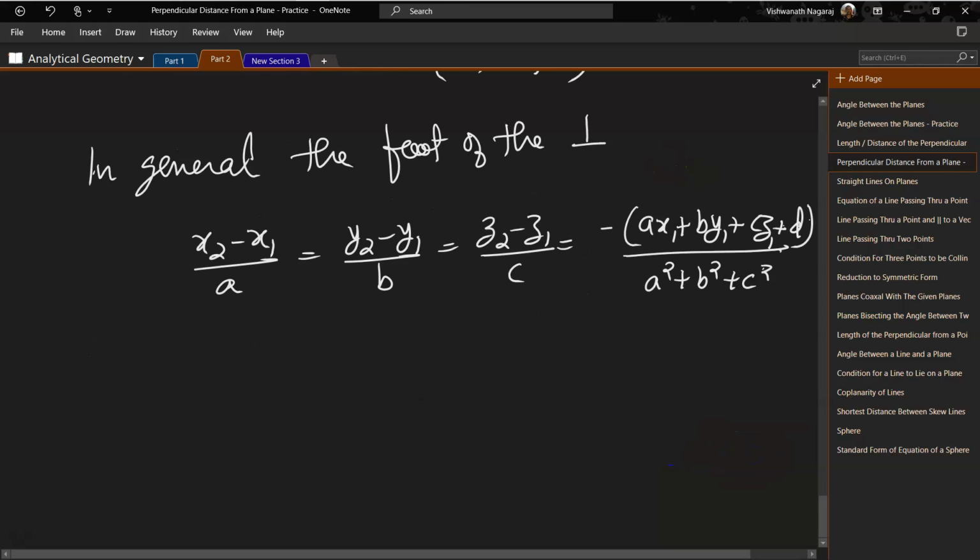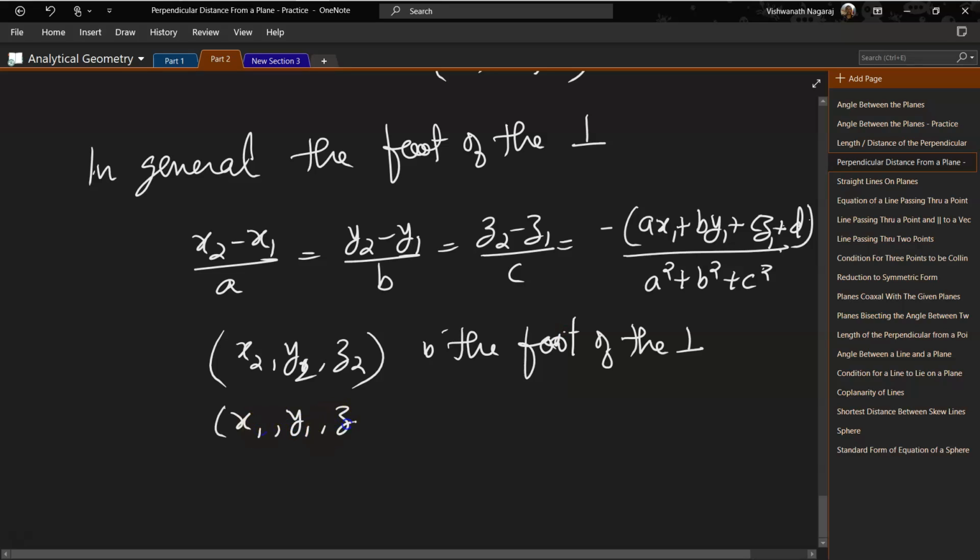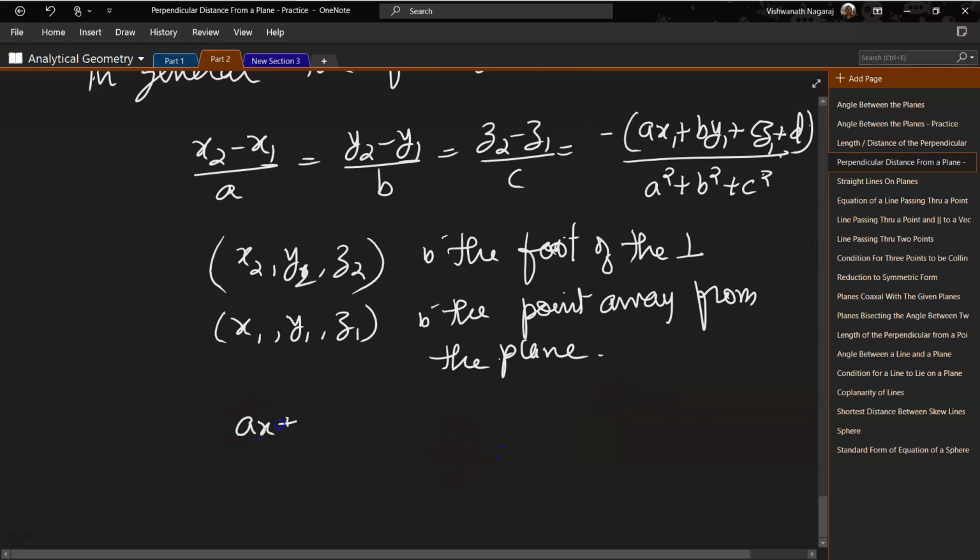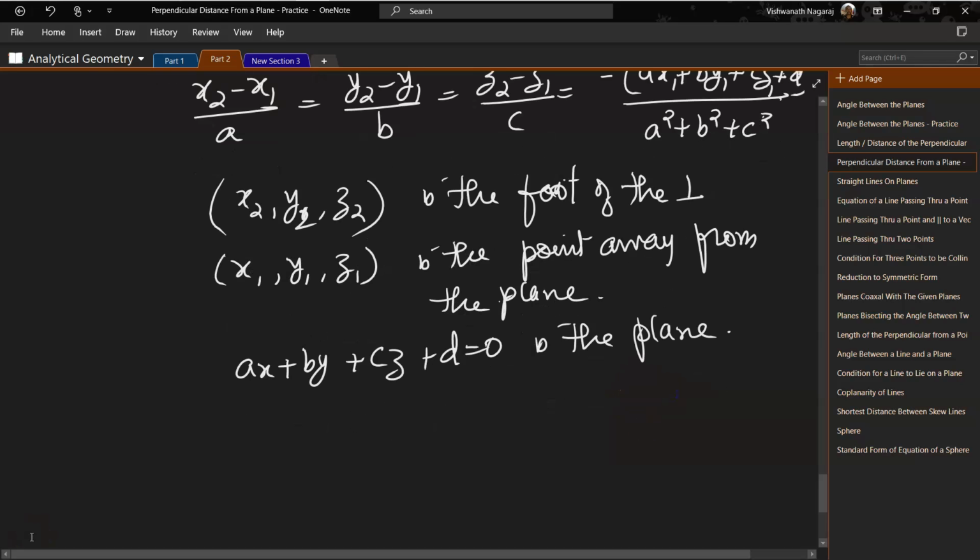So this is the formula. Here x2, y2, z2 is the foot of the perpendicular, x1, y1, z1 is the point away from the plane, and ax plus by plus cz plus d equal to 0 is the plane. Let's look at the next problem, the fourth one.